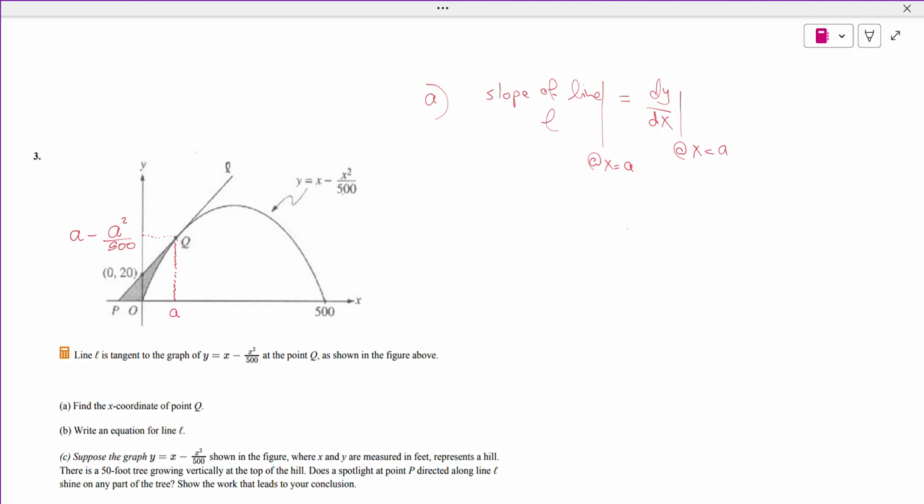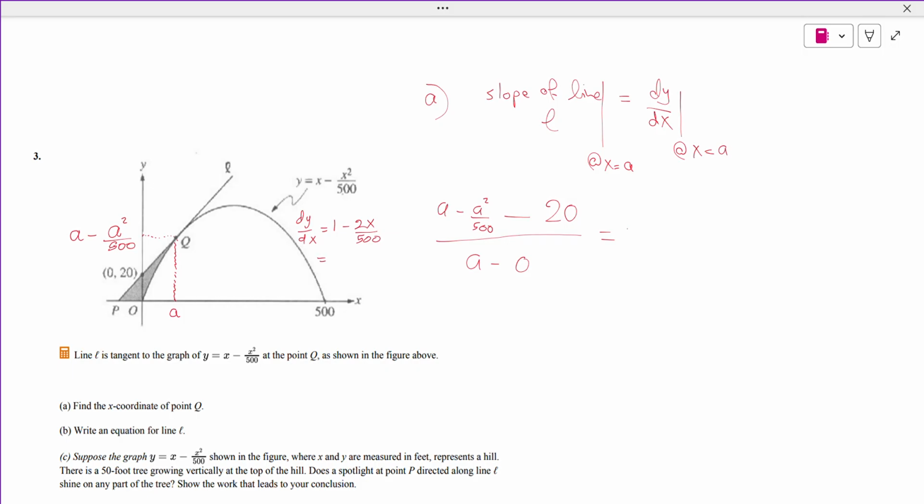So we will use y2 minus y1 over x2 minus x1. y2 minus y1 will be A minus A squared over 500 minus 20, over x2 minus x1, which is A minus 0. And what is dy over dx? We have y, so dy over dx will be 1 minus 2x over 500.